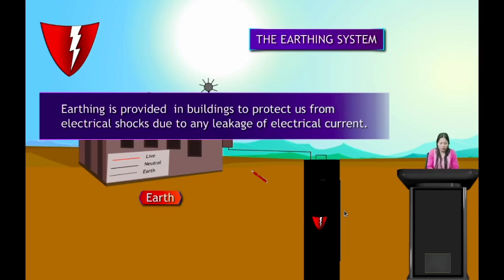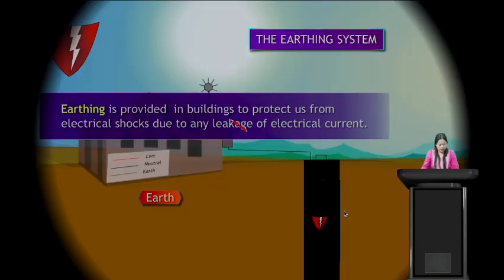There is one wire which is connected to the earth, which is known as the earthing system, and this is provided so that in our home or in a building, when there is electric shock due to leakage of electric current, this charge will be transferred to the earth through this wire, so that we are protected from getting electrical shocks. This system is known as the earthing system, and the process of transferring charge from the charged object to the earth is known as earthing.